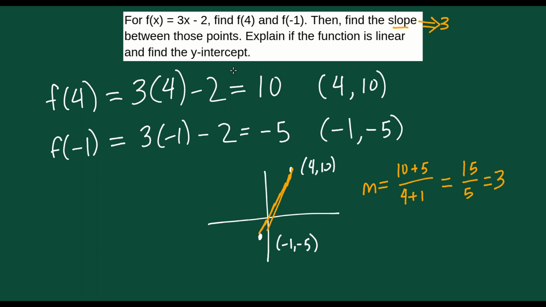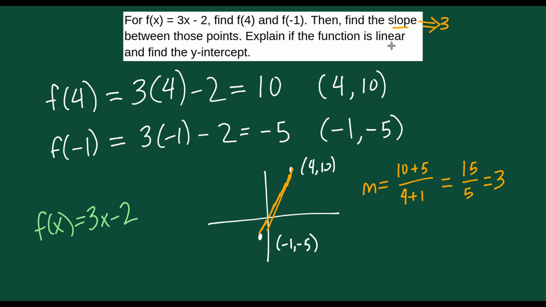Explain if the function is linear. Well, this is the third part. Is the function linear? Okay, well, let's look at the function then. F of x equals 3x minus 2.